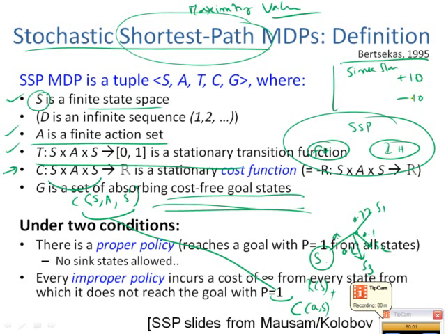It turns out, if you do not have any dead-end states, then there is a guarantee that there exists at least one proper policy. And it also is the case that every improper policy becomes degenerate. That means it eventually incurs a cost of infinity starting from any state.